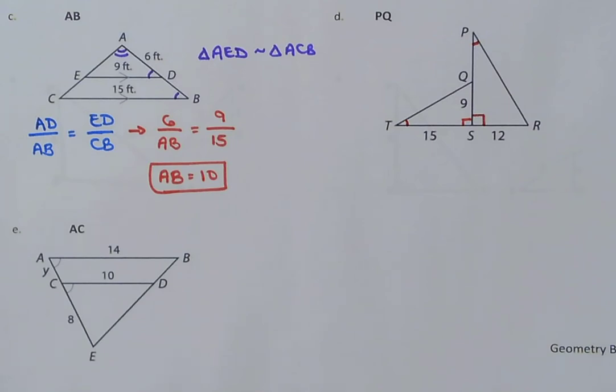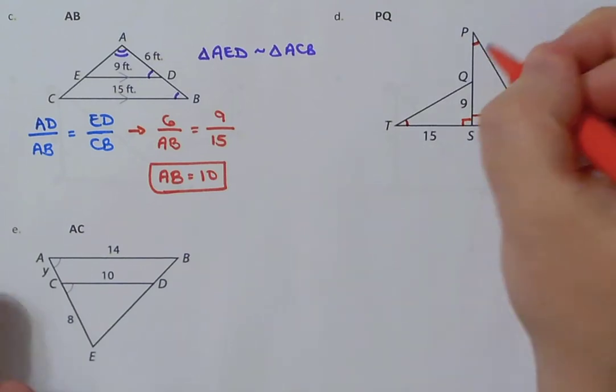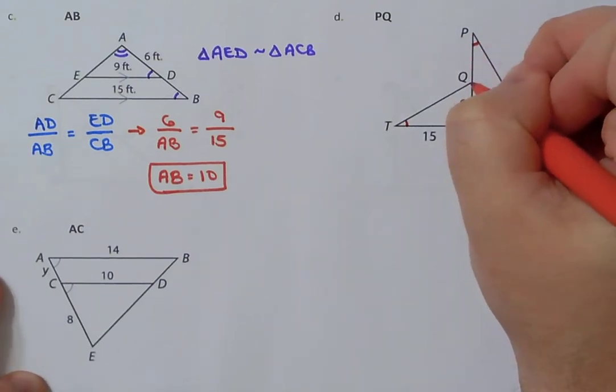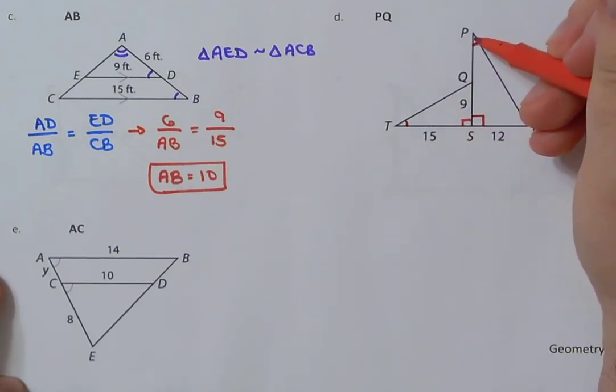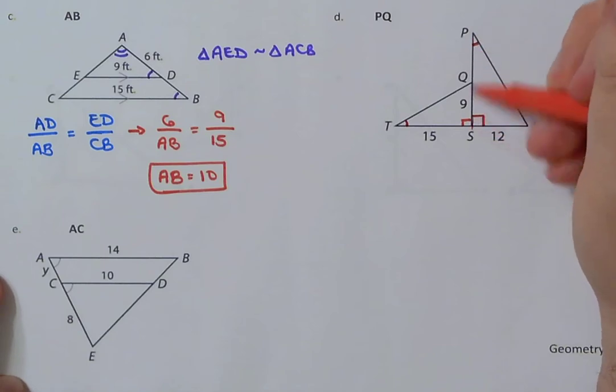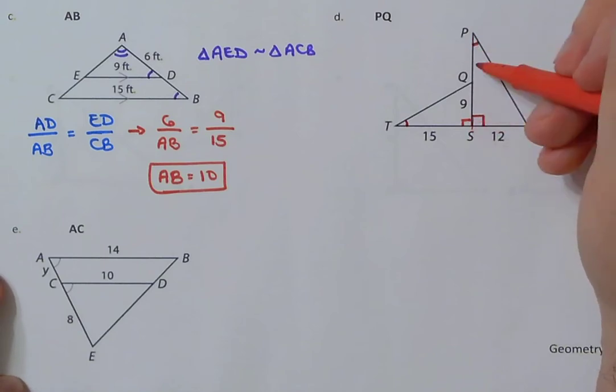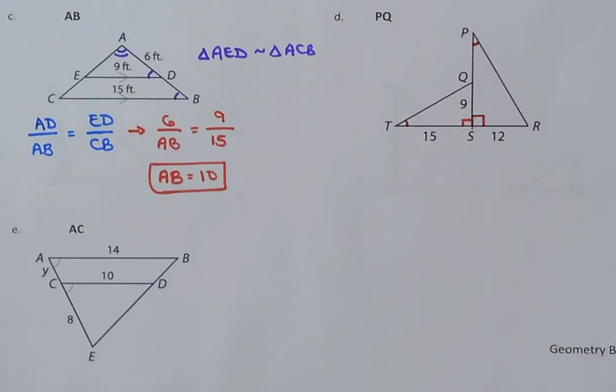So since I know that these two triangles are similar, we can go through and solve for PQ. A slight caveat on this problem: PQ is this little segment here, but we're going to figure out this entire length right here to figure out PQ.